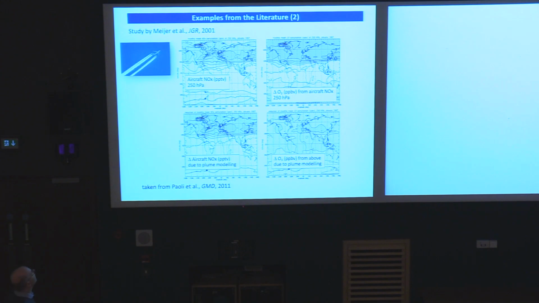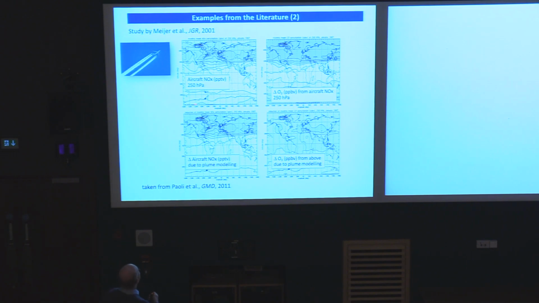So this is a study by Ernst Mayr at KNMI in 2001, a few years back, where he included a plume processing model for aviation emissions to evaluate the magnitude of the impact when you are interested in the global ozone burden change from a specific sector.